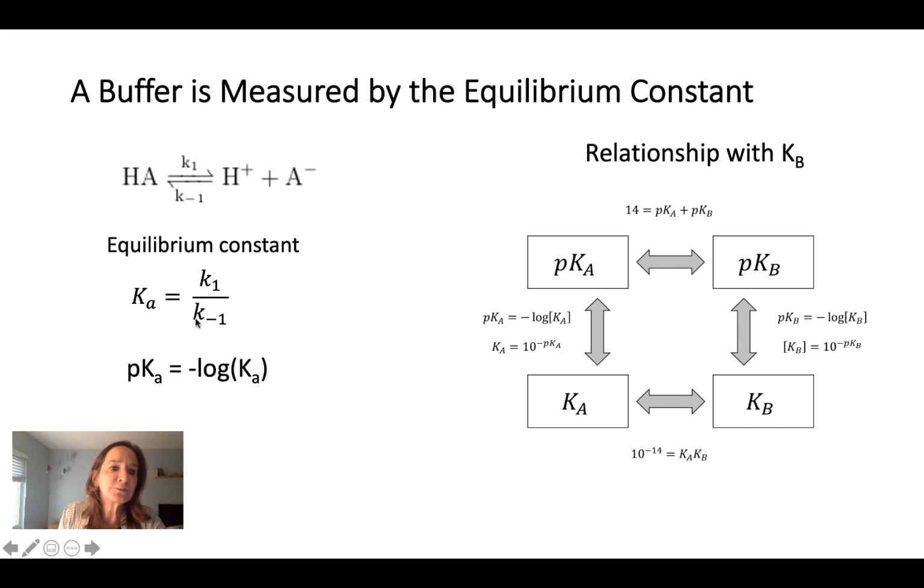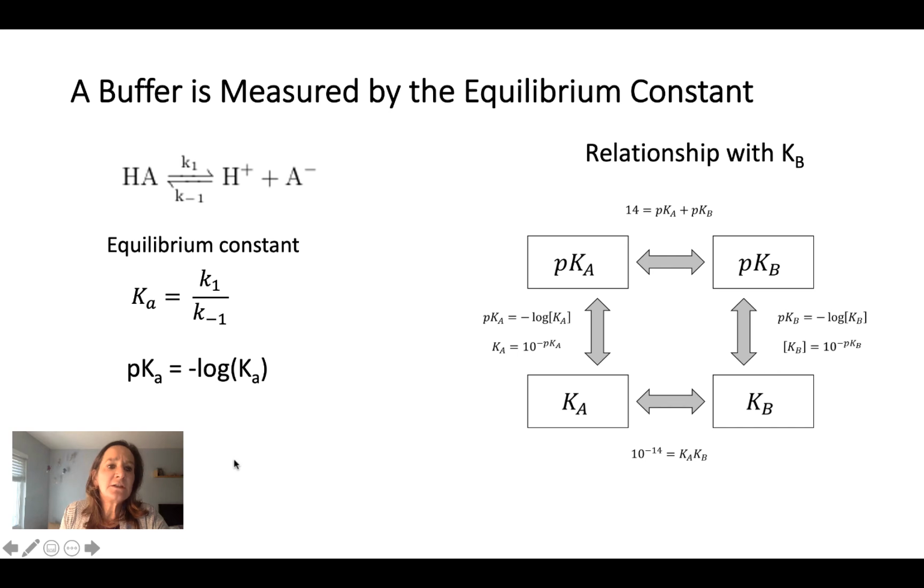When we measure this ratio in a buffering system, we call it the Ka. It's the equilibrium constant, in this case, of an acid. So if it's a weak acid and its conjugate base, we call it Ka. If it were a weak base and its conjugate acid, we would call it the Kb.